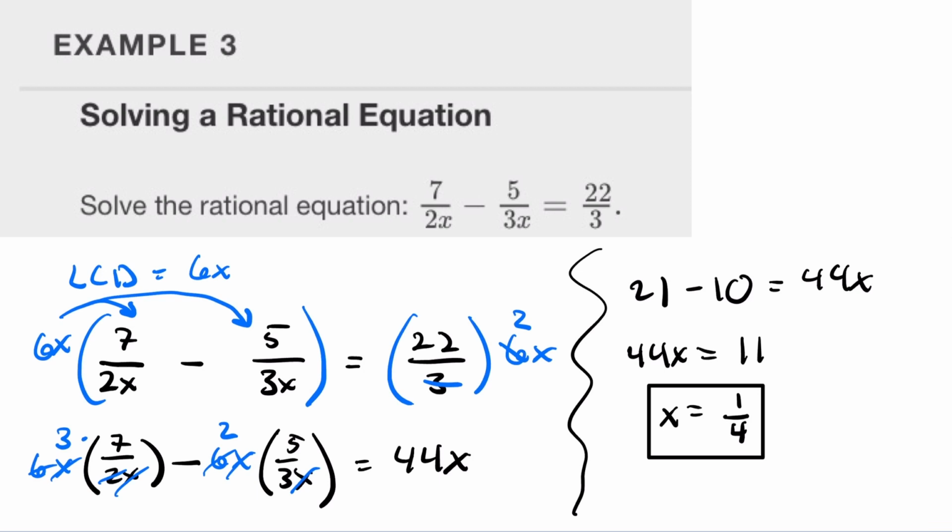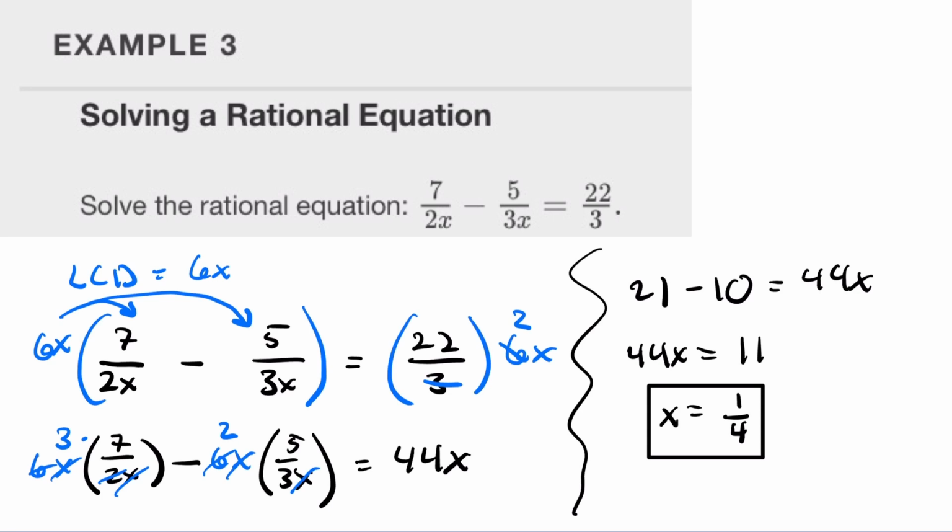So 7 over 2x minus 5 over 3x equals 22 over 3. 6x looks like the proper LCD. That's a 3, which makes that a 21. 10, right? 5 times 2, yeah. 10. 21 minus 10 I think is 11. 11 over 4x.